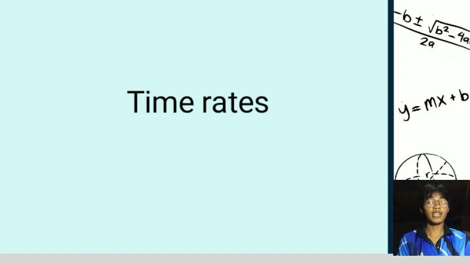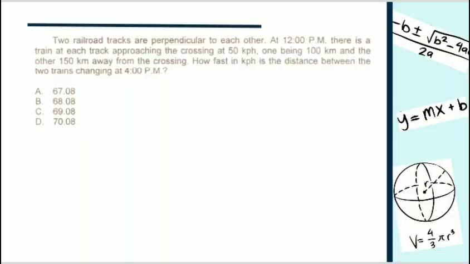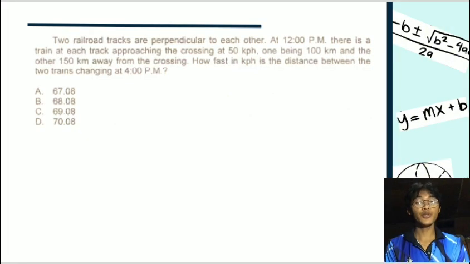The last one is time rate. It is also known as rate of change with respect to time, referring to how a quantity changes over time. It measures the rate at which a variable or quantity is changing with respect to time. Let's say, for example, two railroad tracks are perpendicular to each other. At 12 p.m., there is a train at each track, approaching the crossing at 50 km per hour, one being 100 km and the other 150 km away from the crossing.